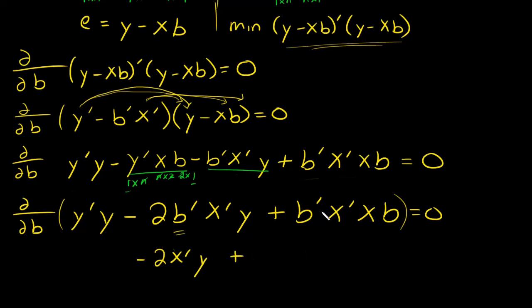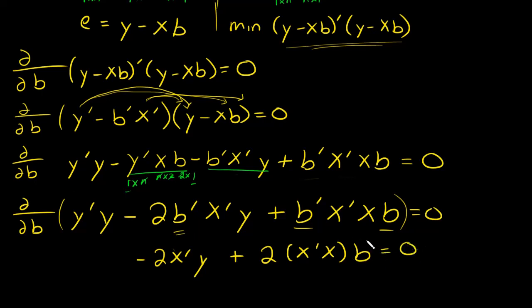And then plus, now there's 2 b's. Okay, you can think of that as kind of like a b squared. So the 2 gets dropped down, and you're left with x prime x times b. Okay, and set that equals 0.